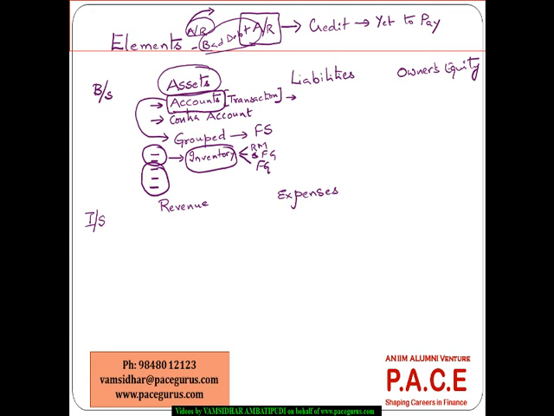So what we could see is, from an elements perspective, there are 5. Underneath each element there are a set of accounts, and each account is the header under which the transactions will be recorded, and each of these accounts can be grouped, and that group name is what is represented as a part of the balance sheet or the income statement. The list of all these accounts without any kind of grouping is what we call the chart of accounts.